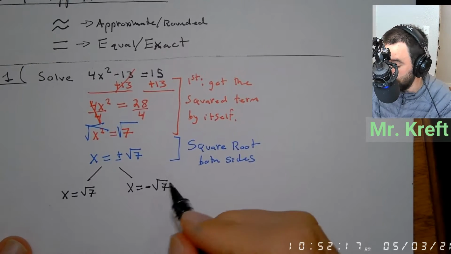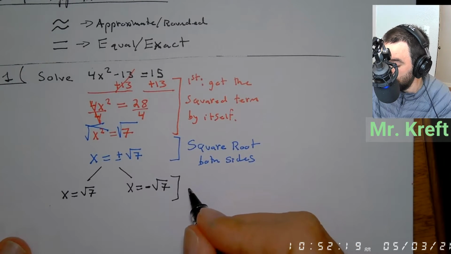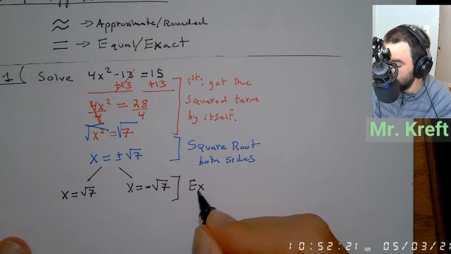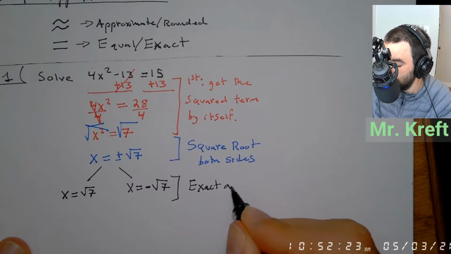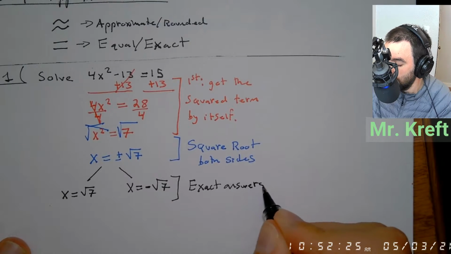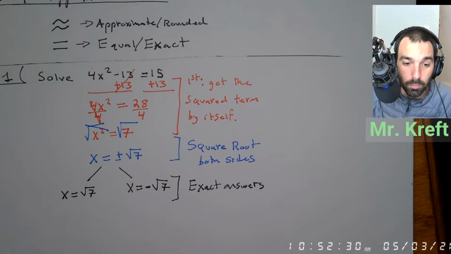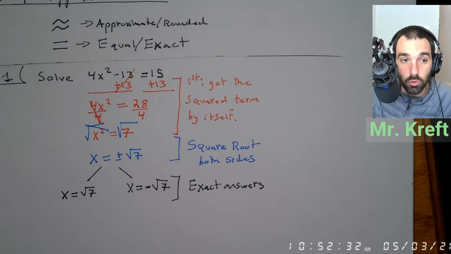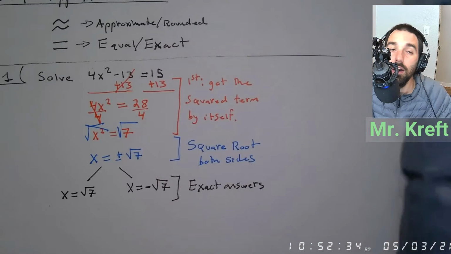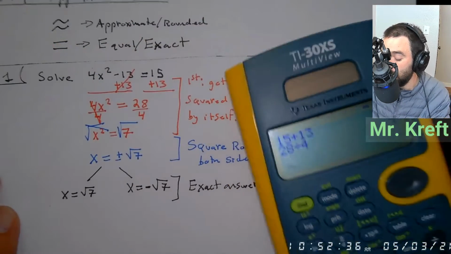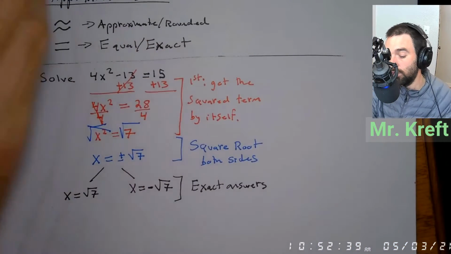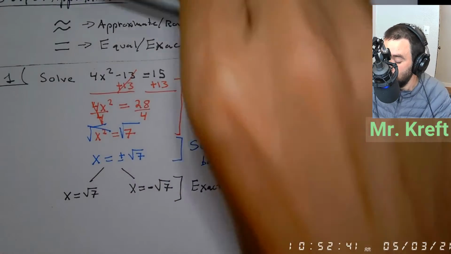Now, these answers are exact, and what we're going to do is approximate them. In what we're doing tomorrow, our practice problems are going to have us round to the second decimal place.